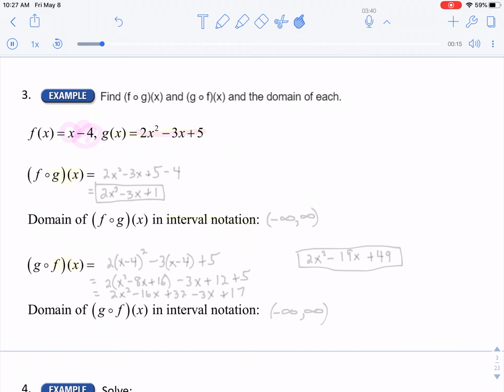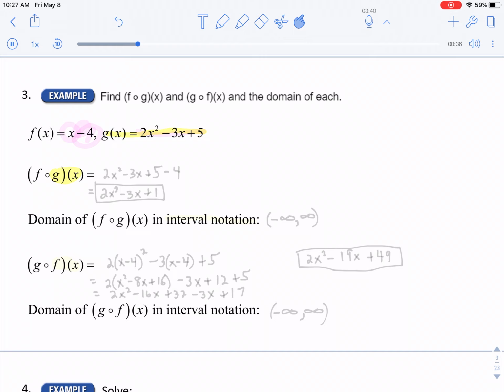And what this symbolism means, f of g of x, well, you start with the back one, which in this case, in this first problem, is g of x. So you start with the g of x, which is 2x squared minus 3x plus 5, and you substitute it into the x for the function f.